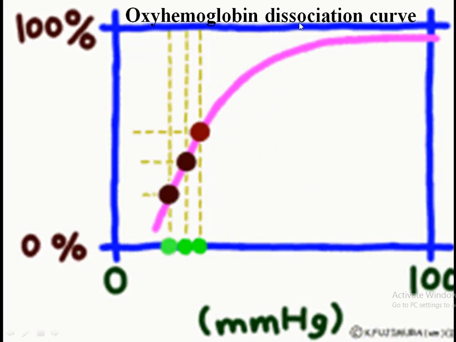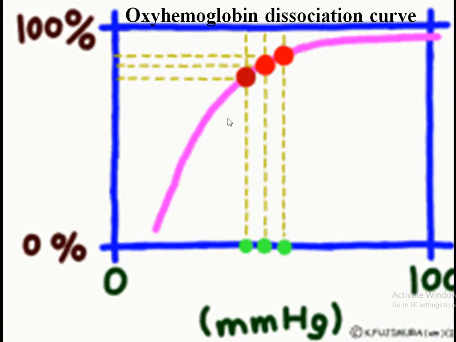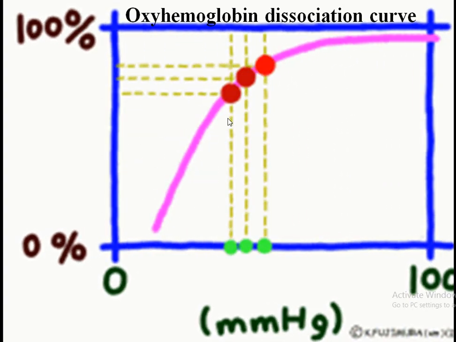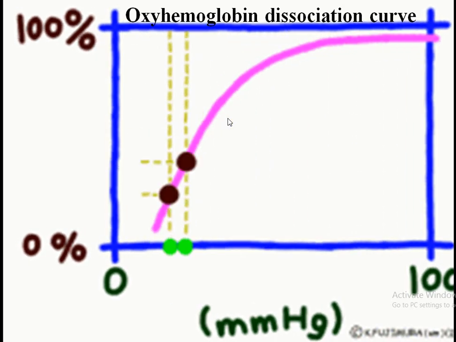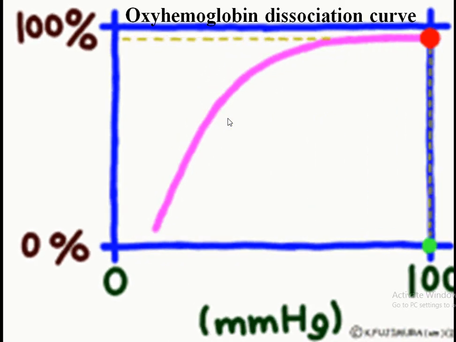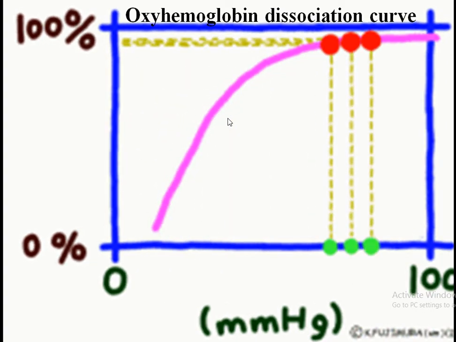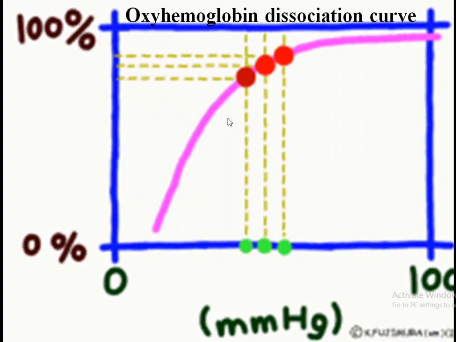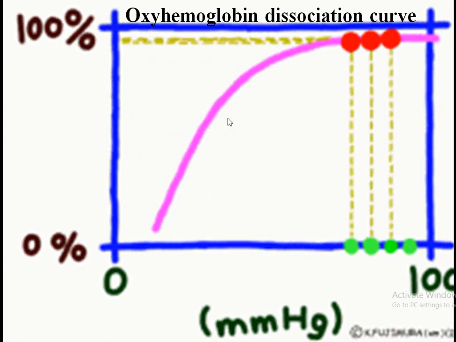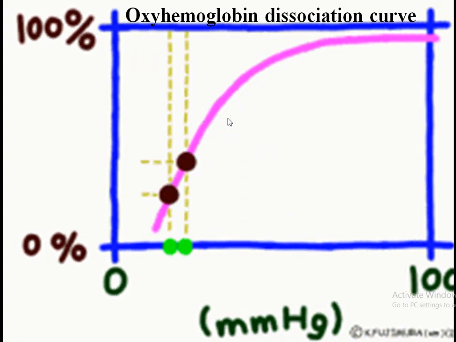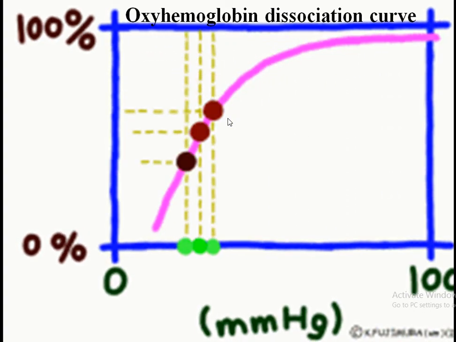This is a very specific graph of the combination of the oxygen and hemoglobin. The details of this graph will be discussed later on while we discuss the respiratory unit, in which I will tell you the details of oxyhemoglobin combination and its dissociation at tissue level, and how the carbon dioxide replaces oxygen and combines with the hemoglobin to come to the lung level, and from the lungs it is exhaled.